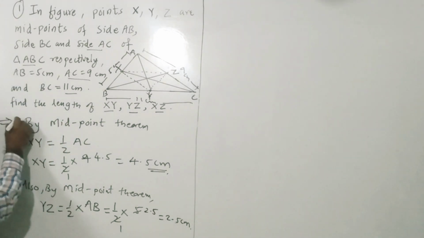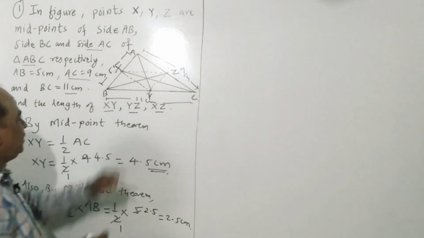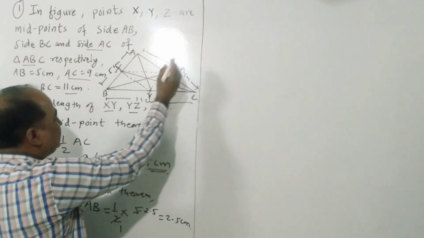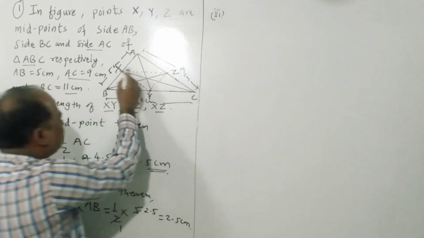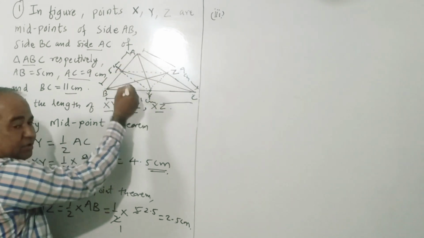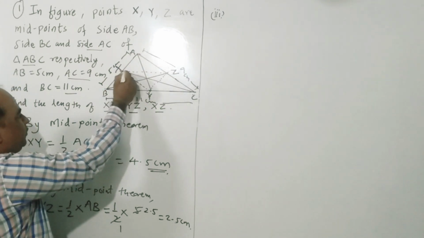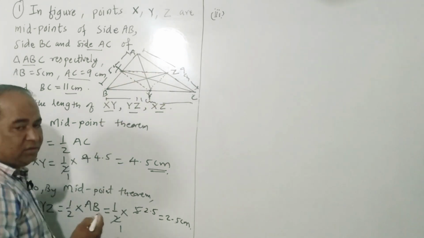Now, first, second, and now third, find the length of side XZ. Here X and Z are the midpoints of sides AB and AC respectively. Therefore XZ is a segment joining the midpoints.